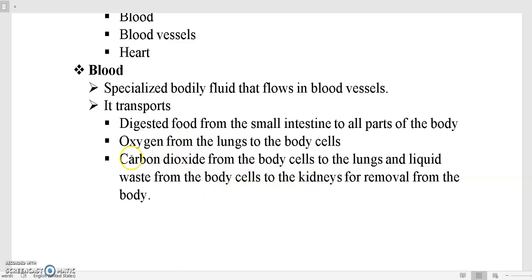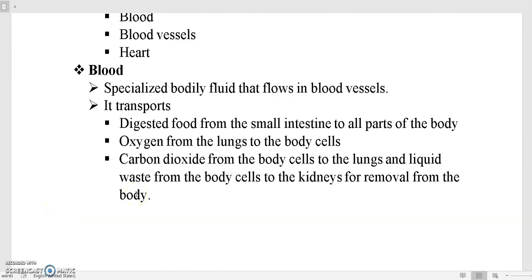So this carbon dioxide, which is a gas, is being transported away from the body cells to the lungs. And this liquid waste is again being transported away from the body cells to the kidneys. From here, it is removed from the body.